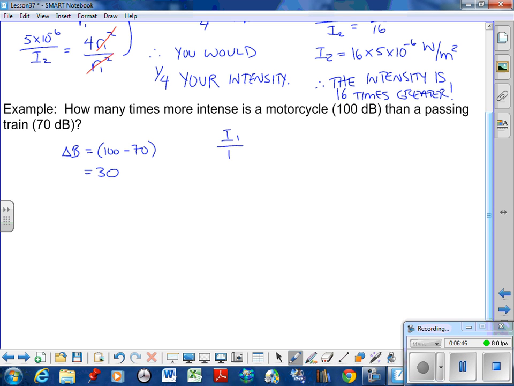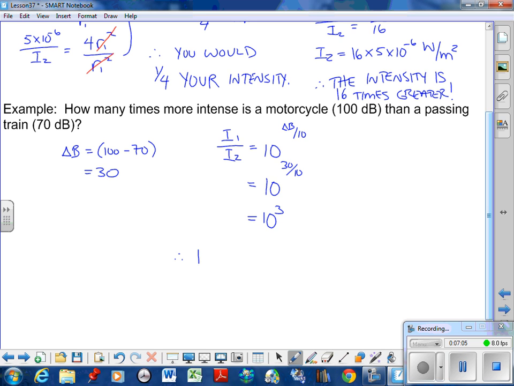So I1 over I2 equals 10 to the exponent dB over 10. So 10 to the exponent 30 over 10, which is 10 cubed. And there's no units here because I1 over I2, it's a comparison.